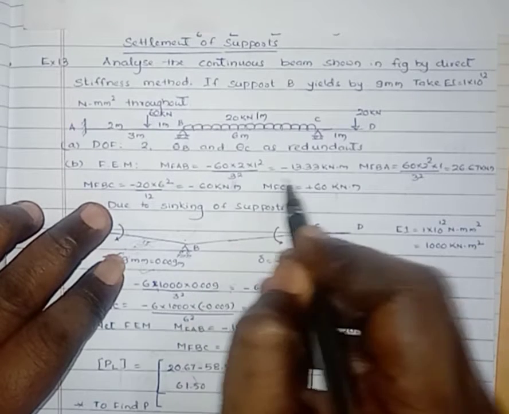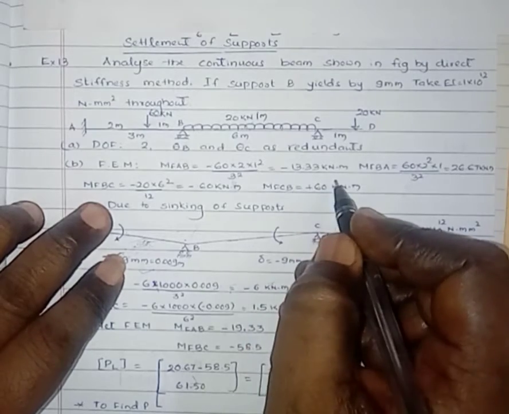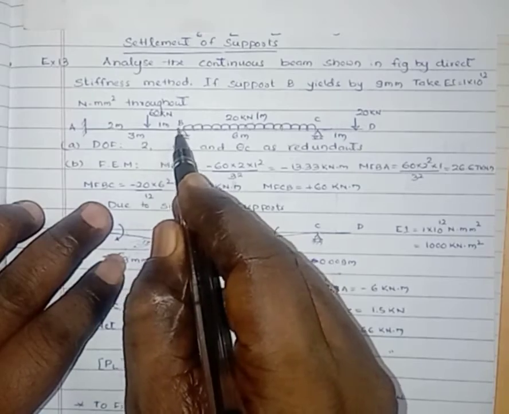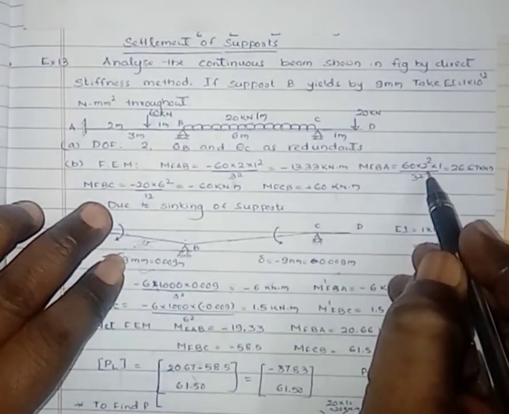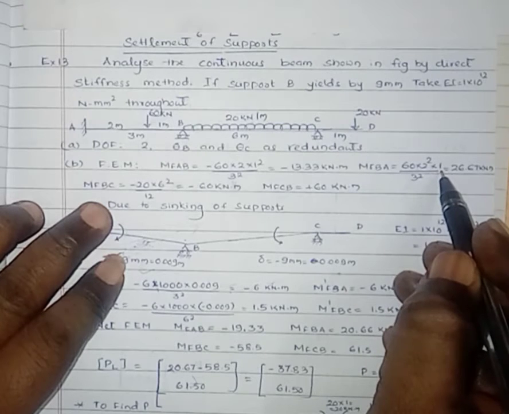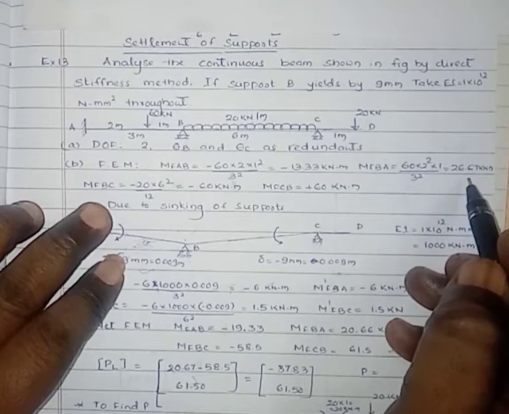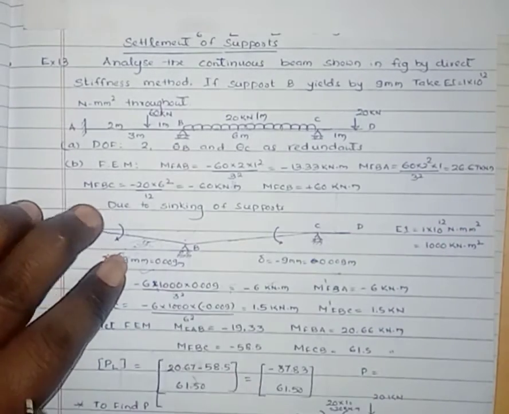By substituting the values, you will get minus 13.33 kilonewton meter. Similarly, from the other end, MF BA is W a square b by L square, that is 60 into 2 square into 1 divided by 3 square. By simplification, you will get a value of 26.67 kilonewton meter.